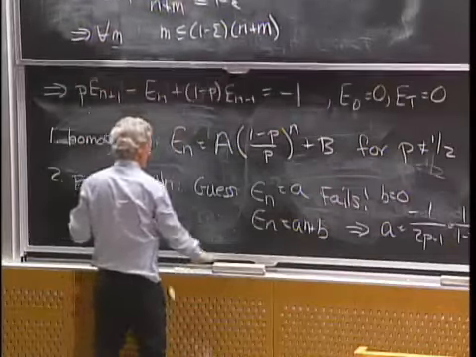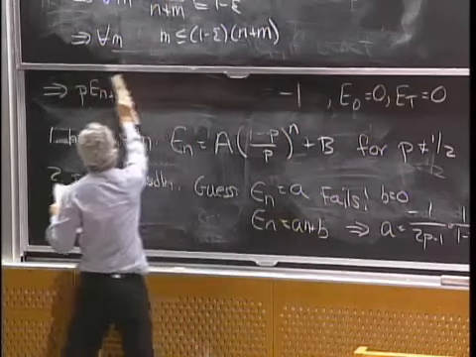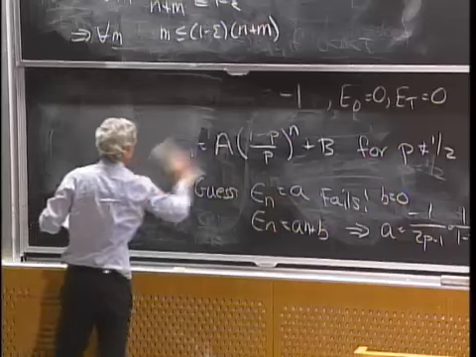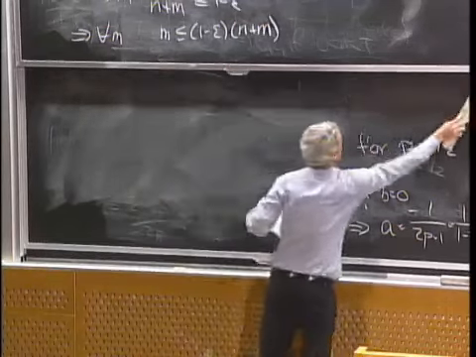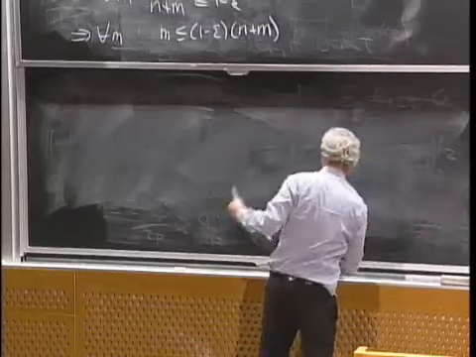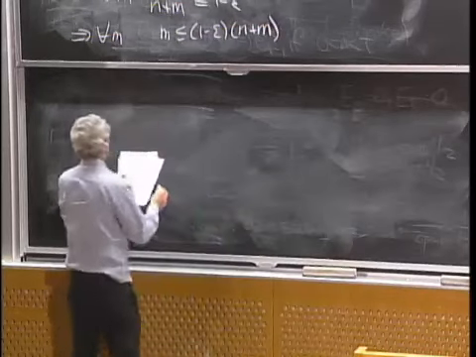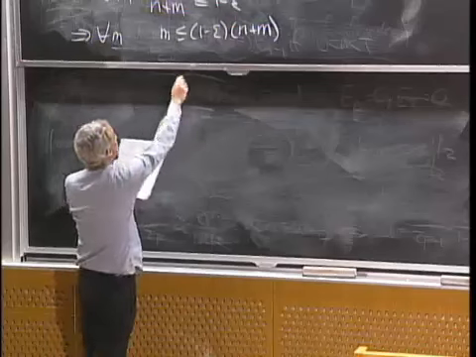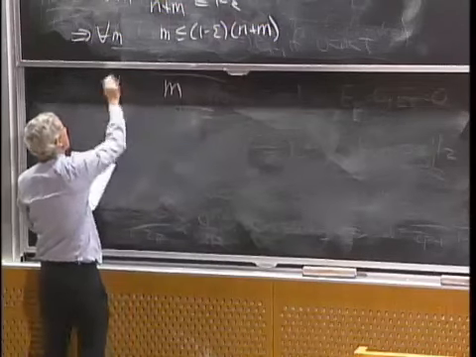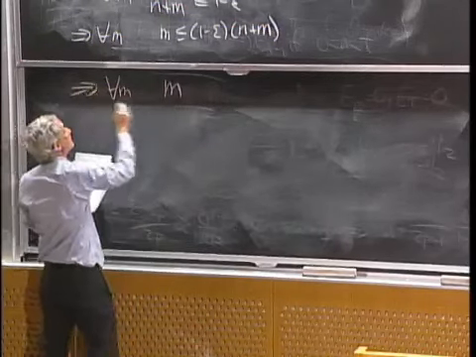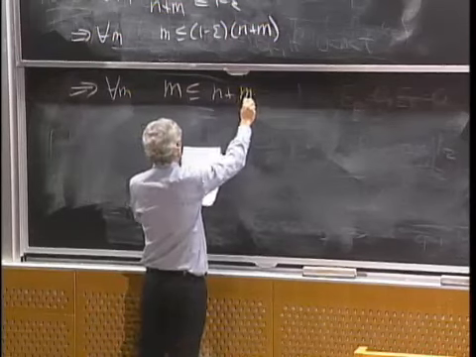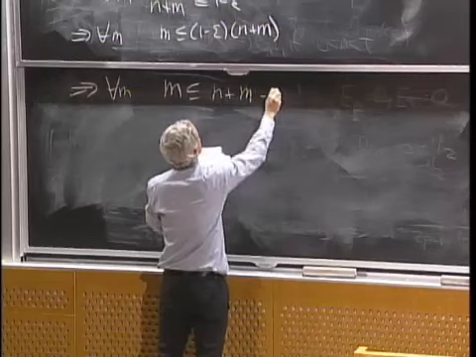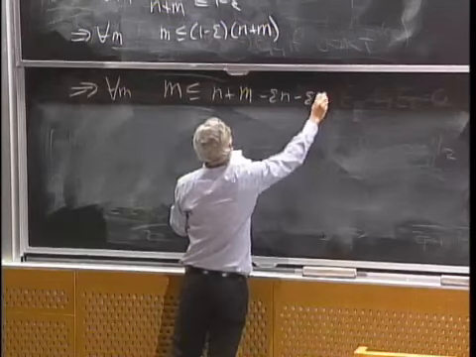All right, and then we'll solve that. Okay, so just multiply this out. So for all m, m is less than or equal to n plus m minus epsilon m.